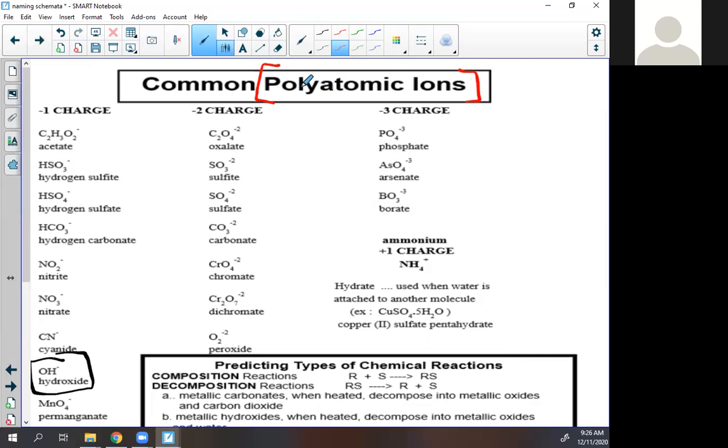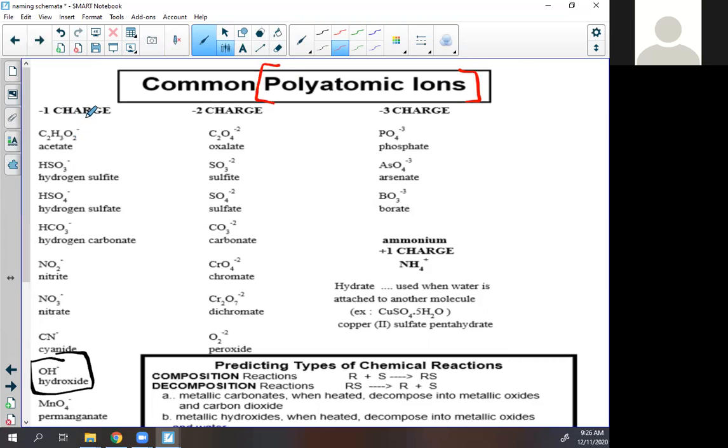Poly means more than one atom that has a charge. So if you look right here, this combination of C2H3O2, it has one extra electron to make it work. It is an ion.